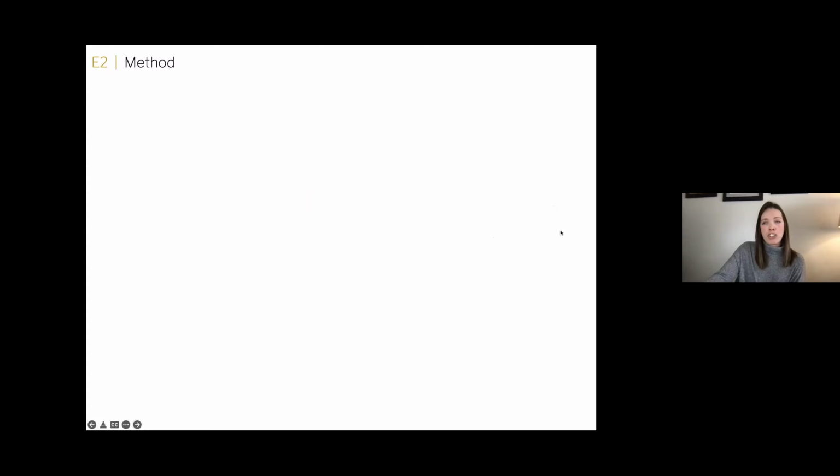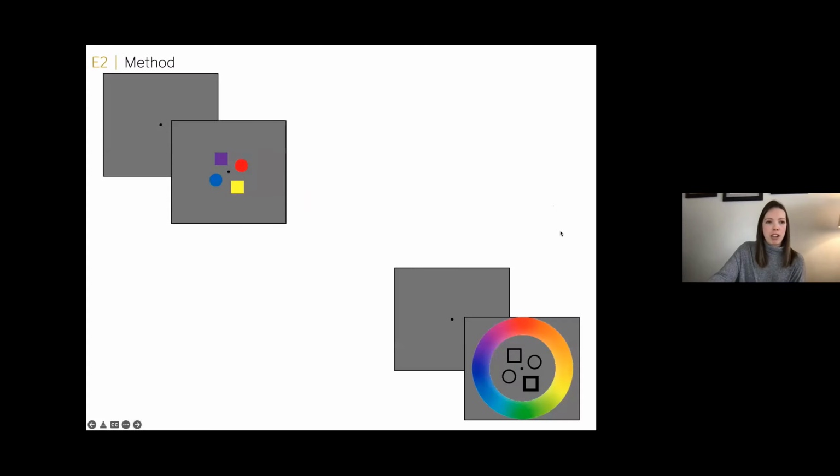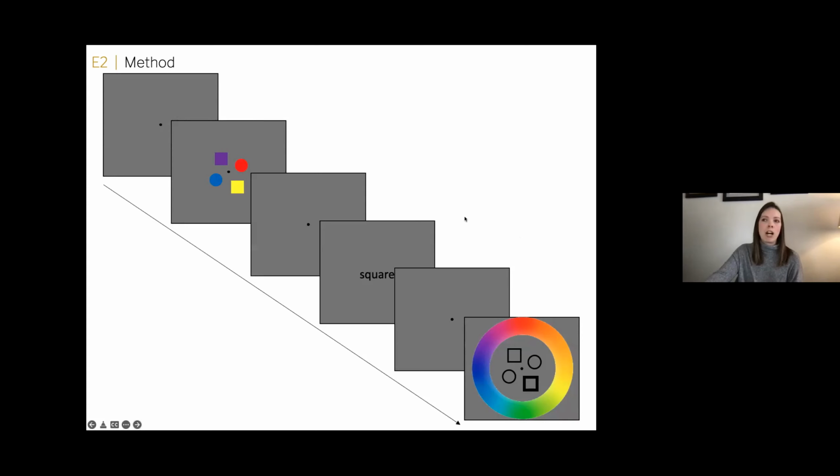To answer this question, we used a really similar method to the one that I've already introduced you to, where at the start of the trial, they were shown these 4 colored shapes, and at the end, we probed their memory for one of the shapes. Now, the difference here is that their goal, rather than being given to them at the start of a block of trials, was given to them after encoding had taken place on each individual trial in the form of this word cue.